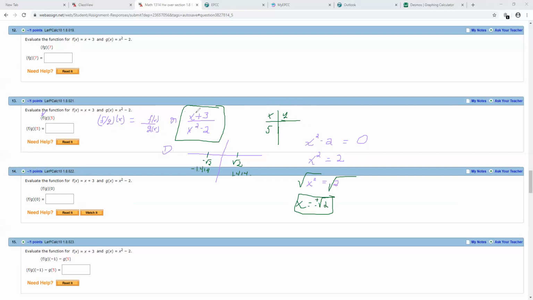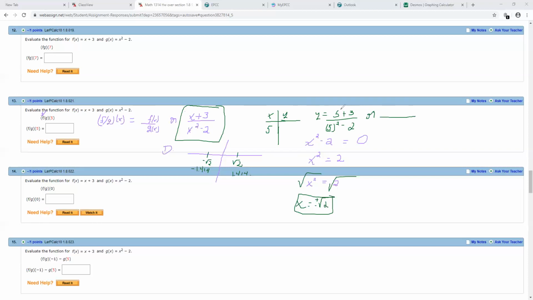So we just plug in 5 wherever there's an x. So we get the 5 plus 3. We get the 5 squared minus 2, and then we simplify.